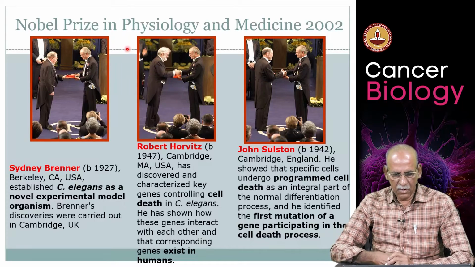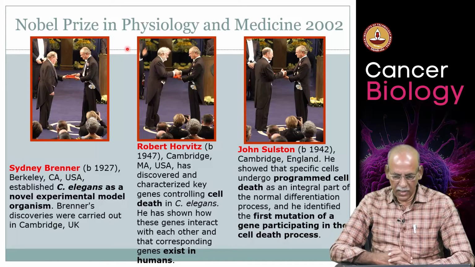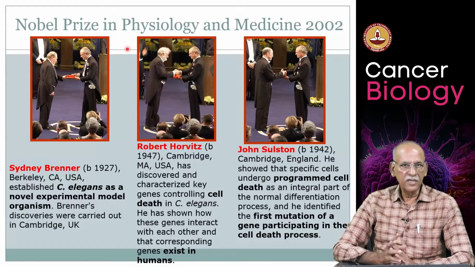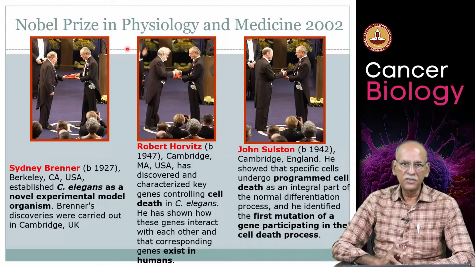Similarly, Robert Horvitz also characterized key genes controlling programmed cell death in C. elegans. And of course, because he discovered that in C. elegans, later on people found that the very same genes, homologs, are present in humans also.